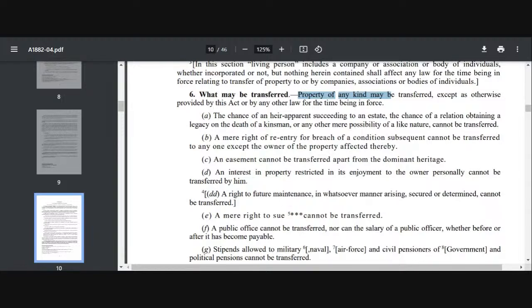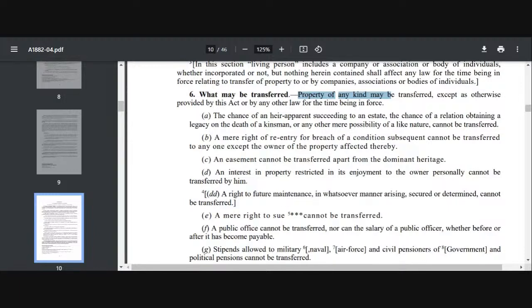Restricted interest as given in clause D cannot be transferred. Restricted interest means something which is restricted in its enjoyment to the owner personally, for example, is not transferable. Just because you are my friend, for example, I have given you one interest, that okay, you can use my terrace because you are my friend.